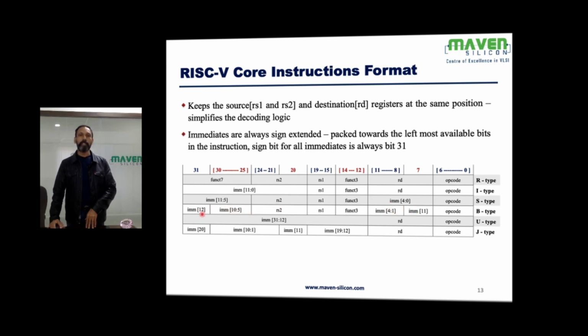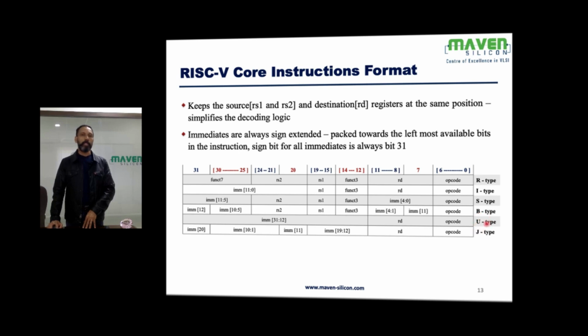So here the immediate is 12 down to 1. There are 12 bits. So we are going to sign extend the immediate value and then calculate the address. If the condition is true, then the PC is going to be PC plus immediate value. Else PC is PC plus 4. That's how branch type works.